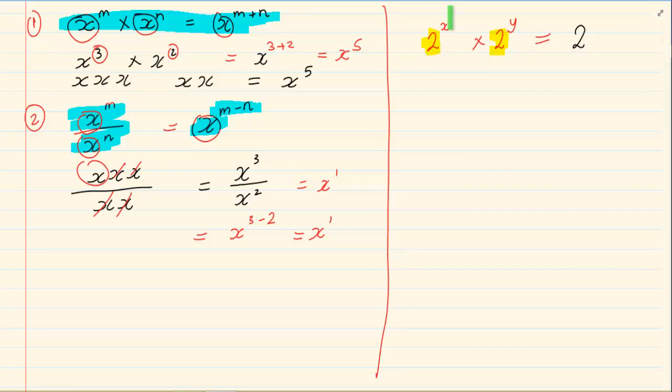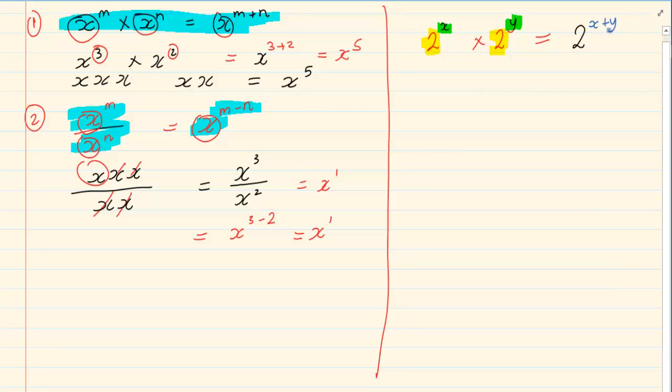And then I would add my powers. So I would have had x plus y. Now many times what we find is that the pupils change this base to 4. Because what they do is they say, okay, 2 times 2 is 4. But that is not correct. When you are doing exponents, the base is maintained all the time.